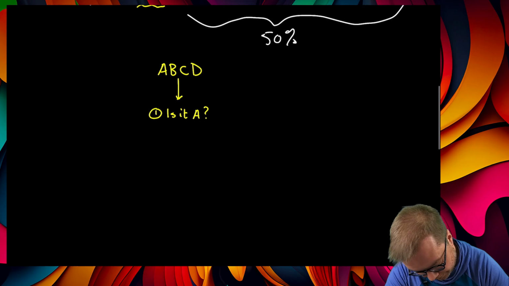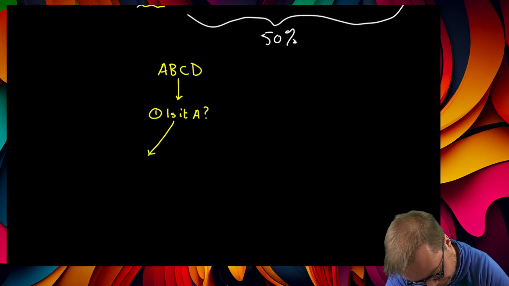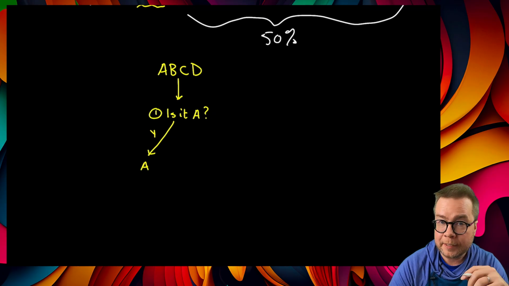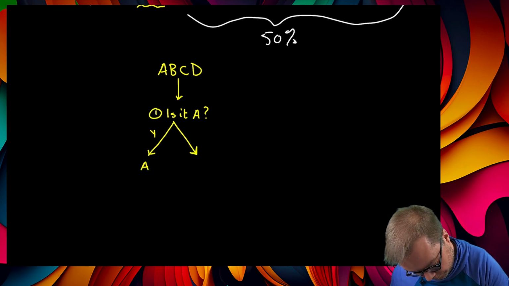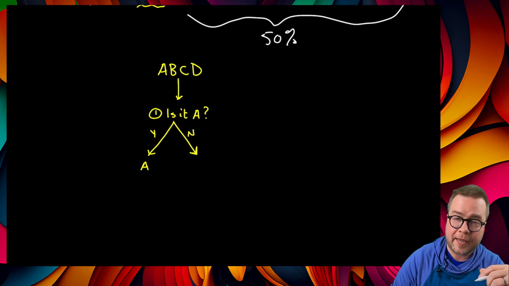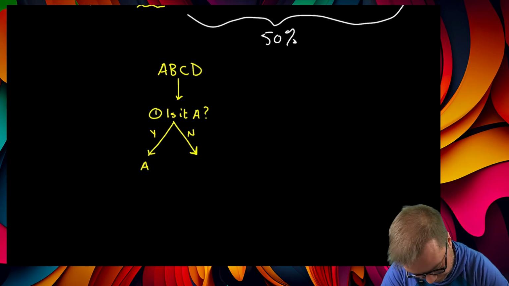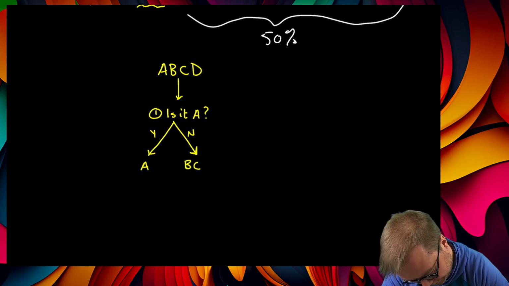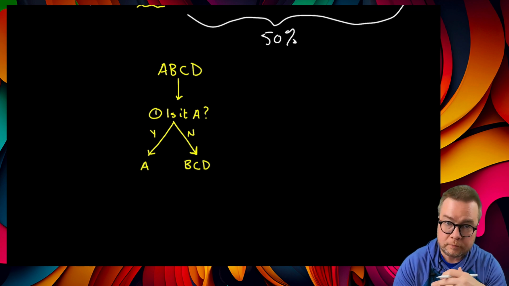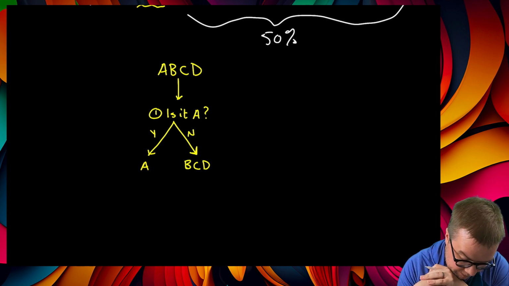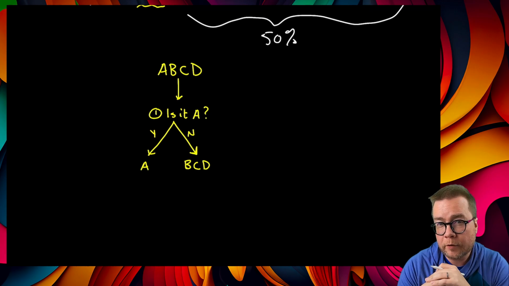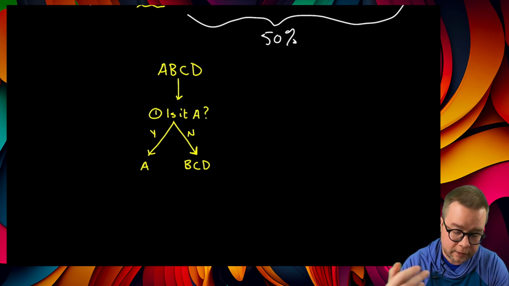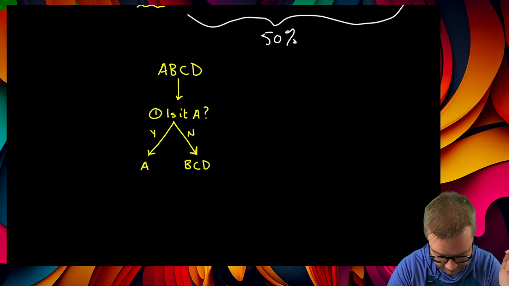And so if the answer to this question is yes, then the letter is A. And if the answer to this question is no, I can't say what exactly the letter is, but I know that it has to be either B, C, or D. So what this means is that 50% of the time, I only have to ask one question to see whether or not my prediction for the next letter was correct. And we'll come back to that in a second.